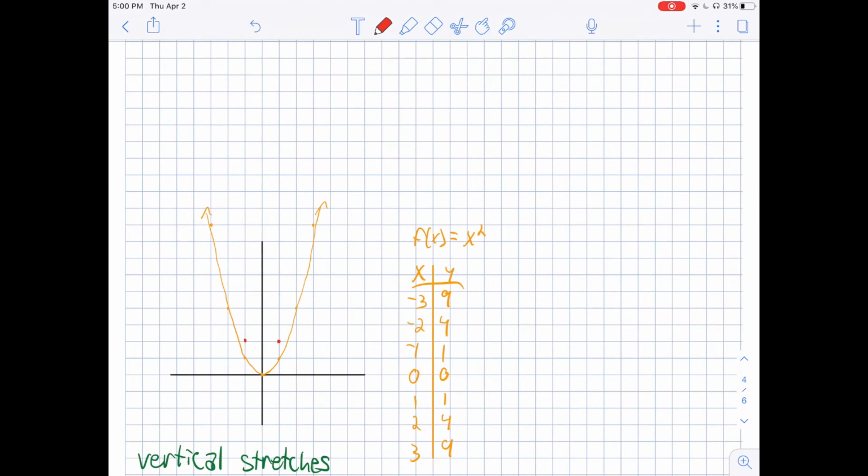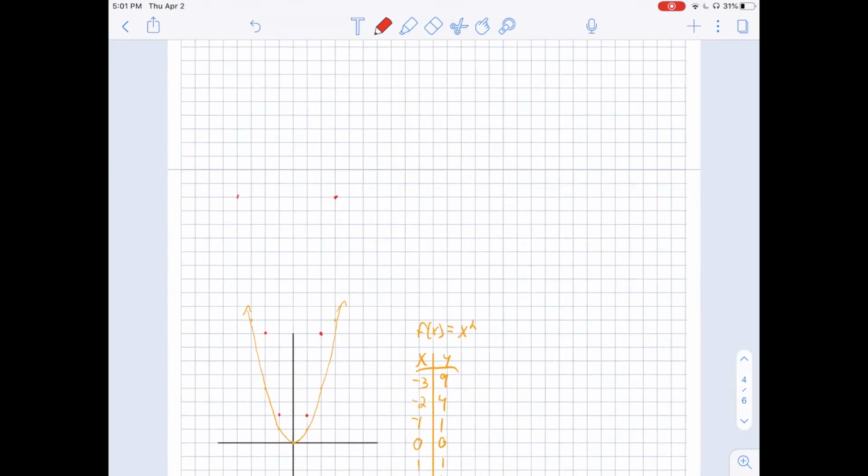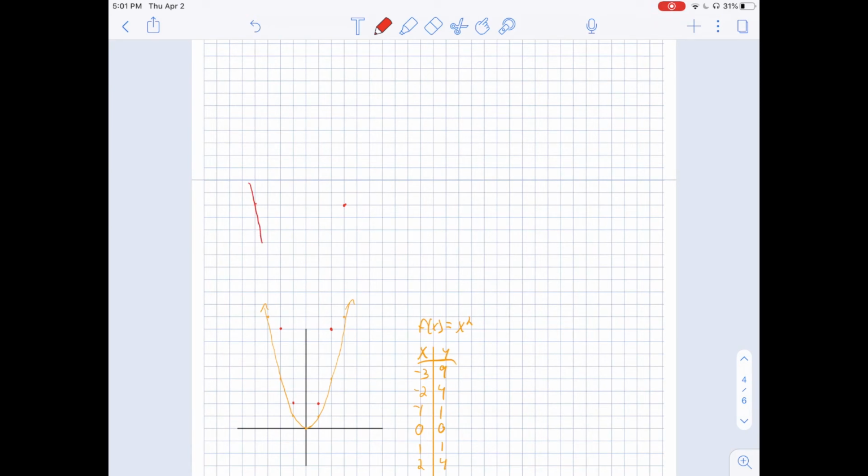That y value is 4, so now it's going to be 8. Here we have 9, so it's going to be way up here. So this graph is going to look something like this.